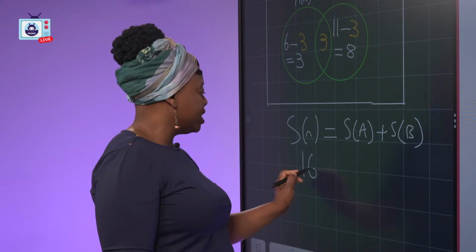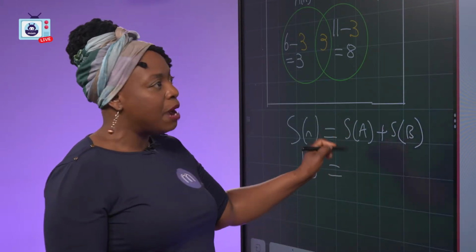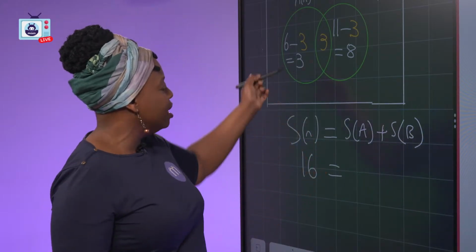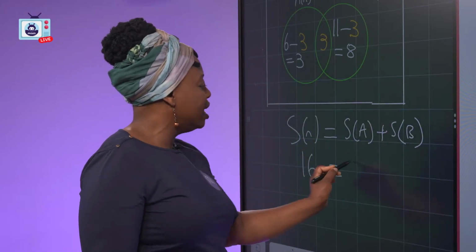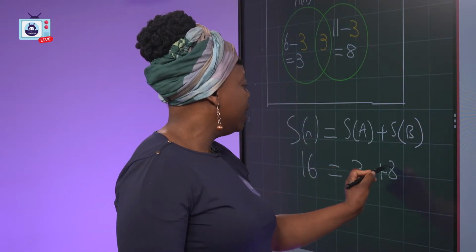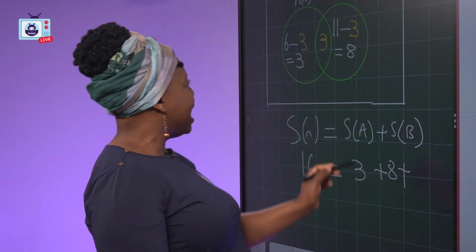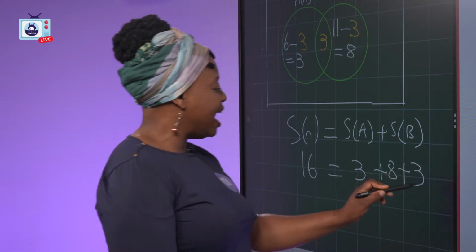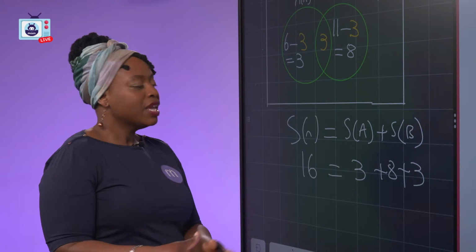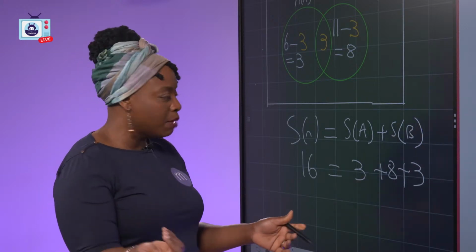We already know this is 16. And if I come this side, I have my 6, right? My 3, which is that one of A. And then I have my 8, which is that one of B, plus the 3 that I have in between, right? If I add this together, will I get the 16? And if not, something is missing.